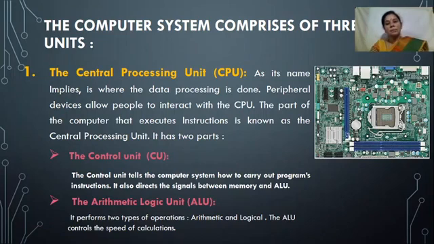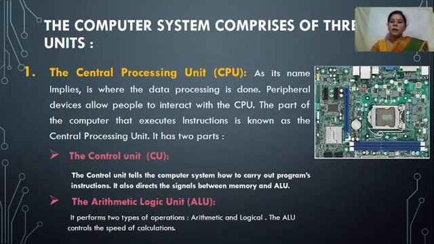We can relate the CPU to a human brain which works accurately and precisely. As its name implies, the data processing is done here in the CPU. On the right side, you can see the image of a motherboard where all the processing is done. Now we'll see what we mean by CPU.